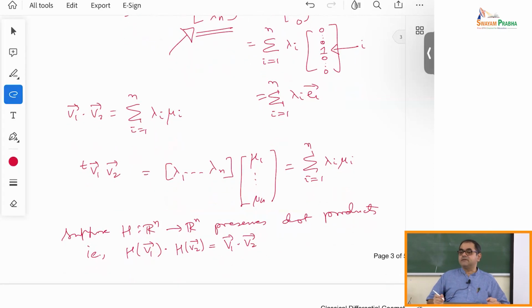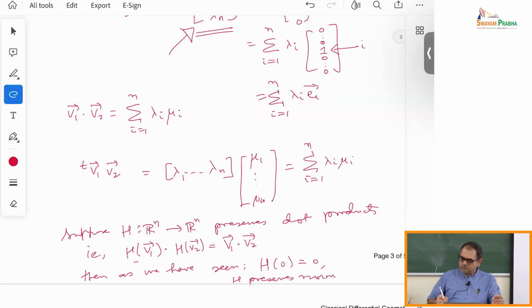Then we have already seen that H has to take 0 to 0, H will be linear, and H will be an isomorphism. As we have seen, H of 0 equals 0, H preserves norms. In fact, first H preserves norms, therefore H of 0 is equal to 0, and H is a linear isomorphism.